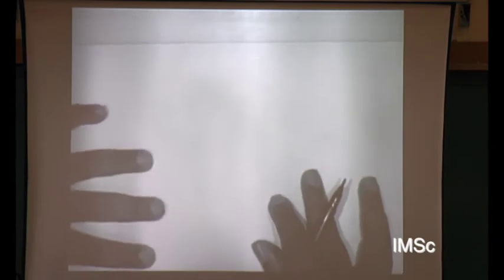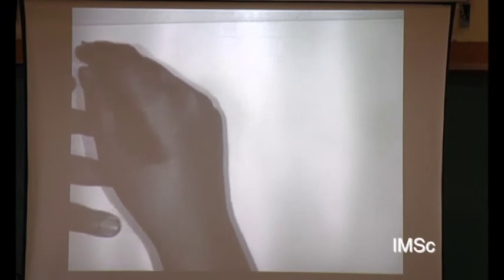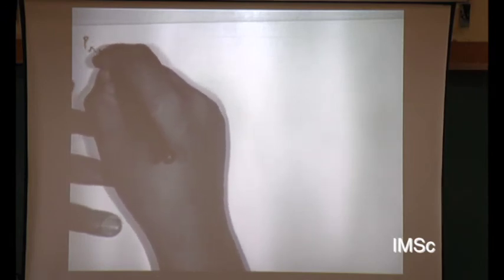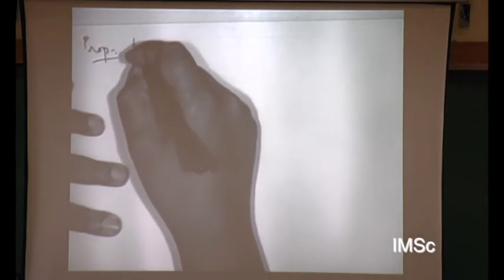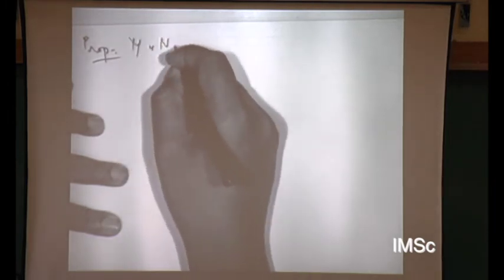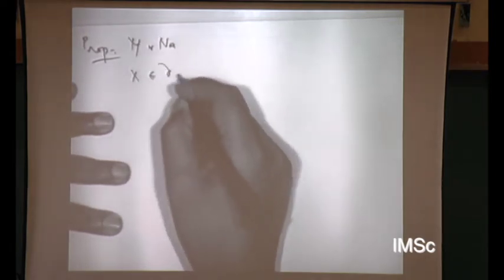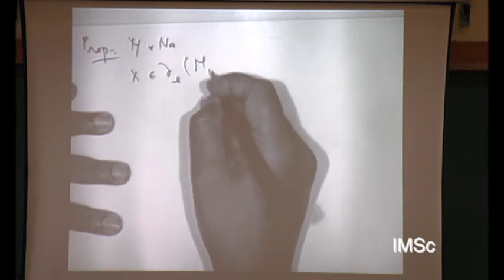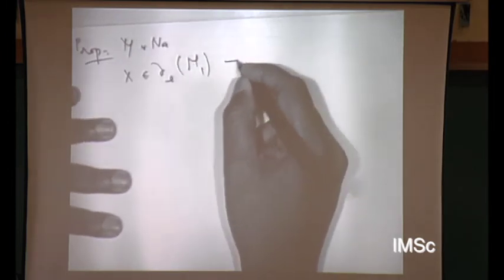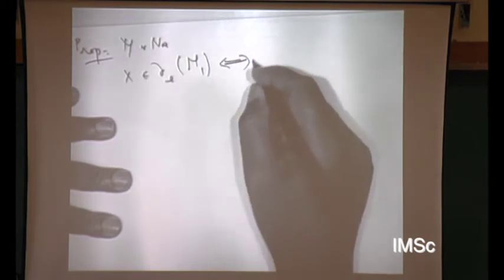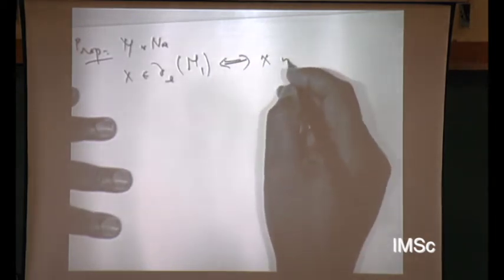Let us try to do the same kind of trickery. Prove in general, if M is a one-dimensional algebra, I want to say x is an extreme point of the unit ball of M if and only if... any guesses?